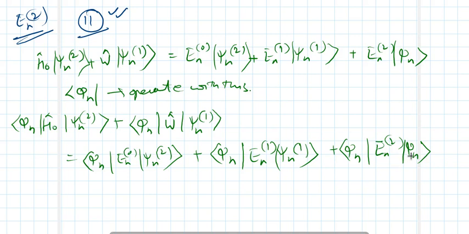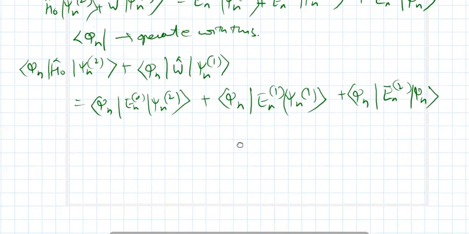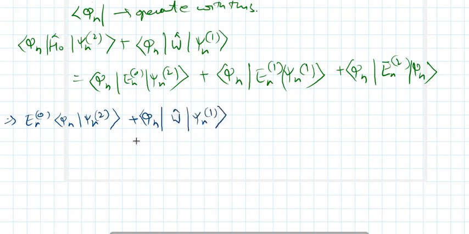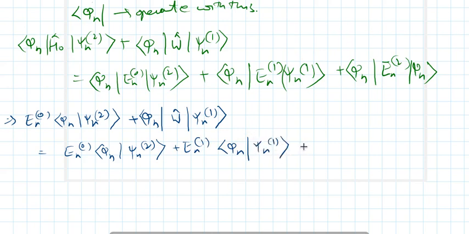Now simplify this equation, and here its eigenvalue will be equal to En0, so it can be written as En0 phi n psi n2 plus phi n W psi n1, this is equal to En0 phi n psi n2 plus En1 phi n psi n1 plus En2 phi n phi n.